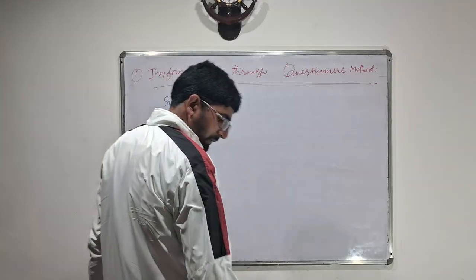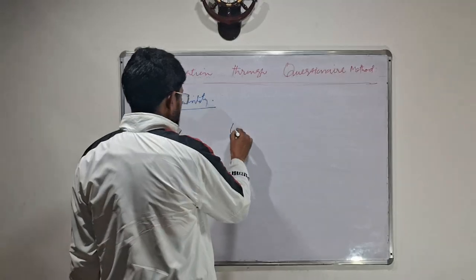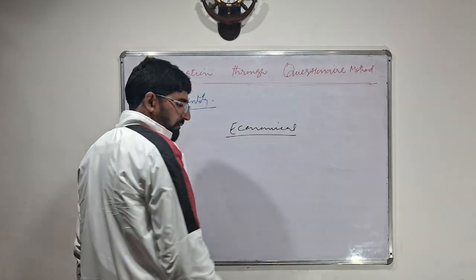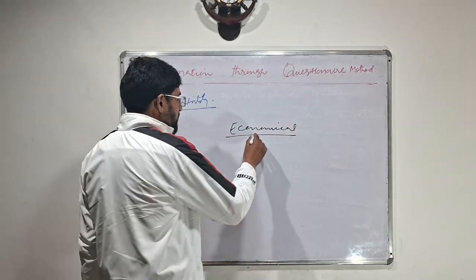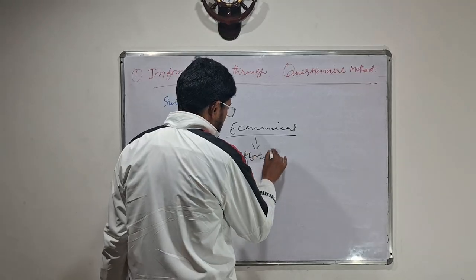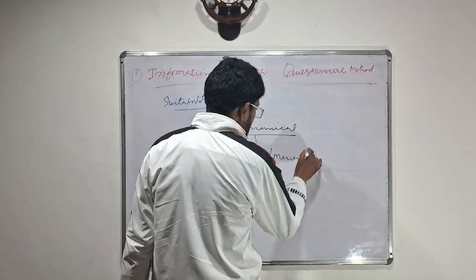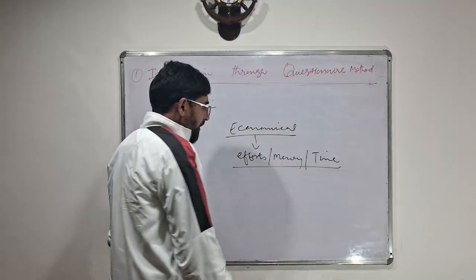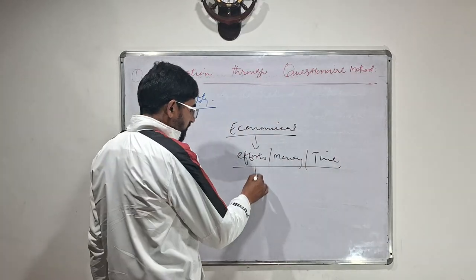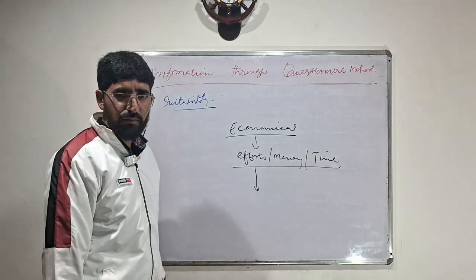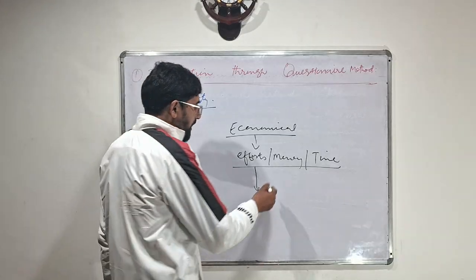Third one, economical. This method is economical in terms of efforts, money, and time. The investigator has to use less effort. At one time, he can send a questionnaire to thousands of students, lakhs of students.